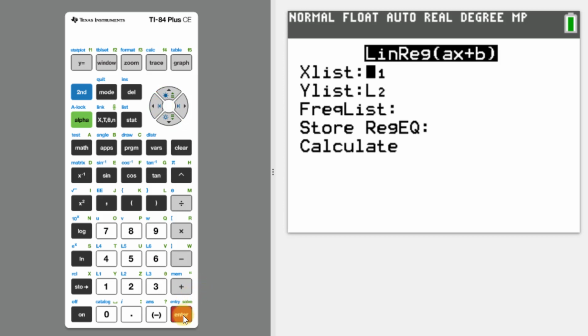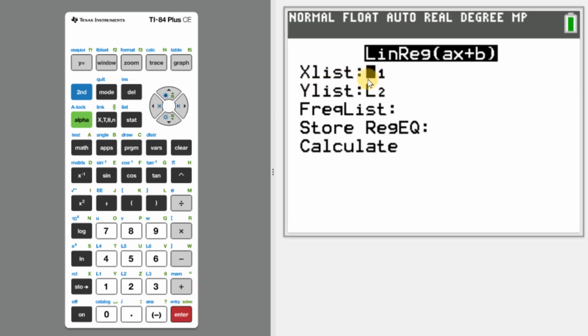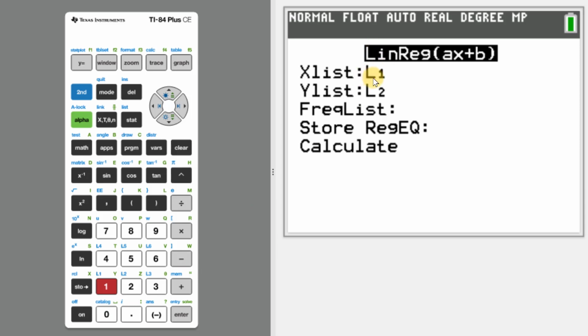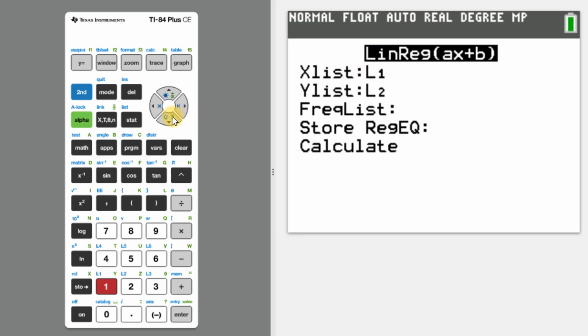If you click enter, it's going to say X list and Y list. If you don't have anything on here, hit clear so you can see. If you don't have anything here to access your list, you can hit second and then come down here. You see L1, 2, 3. You can just hit L1, and that's going to bring up list 1 for your X list. And same thing for your Y list.